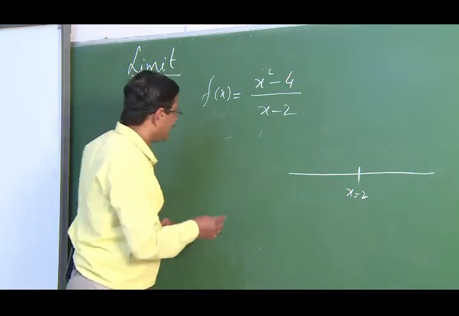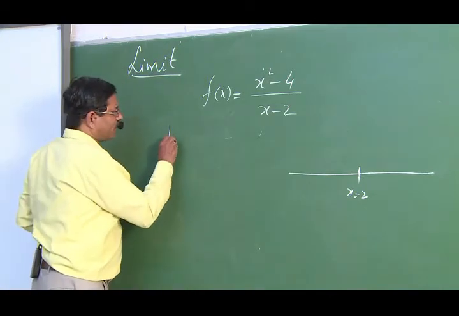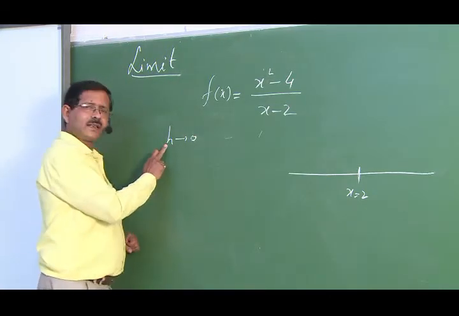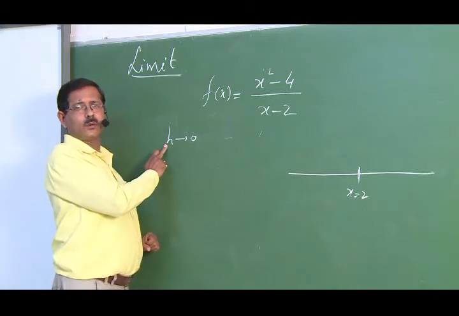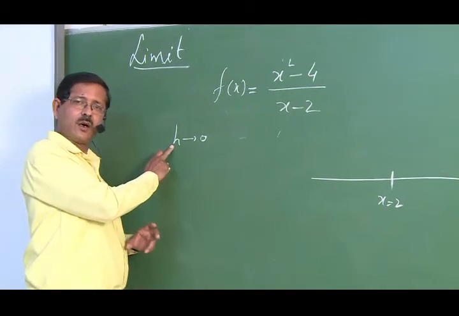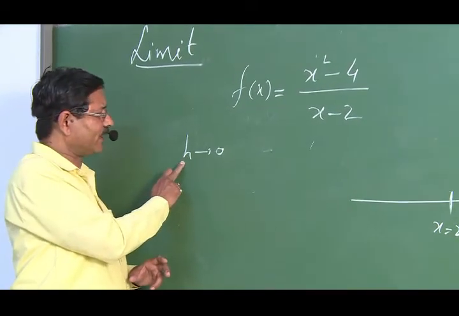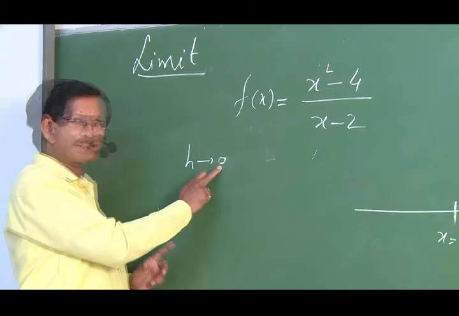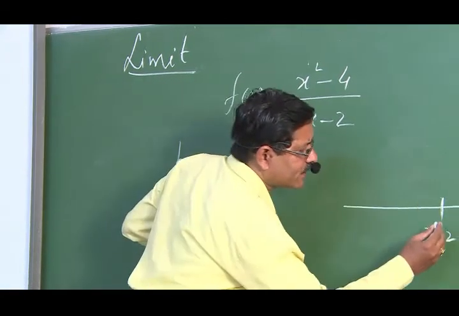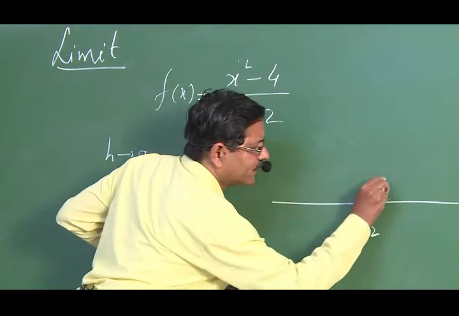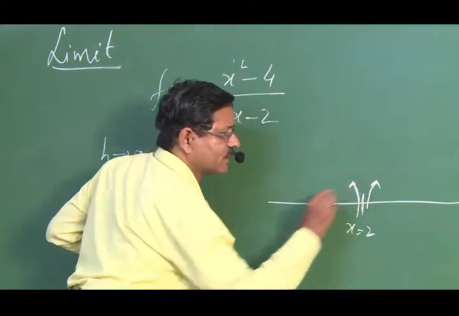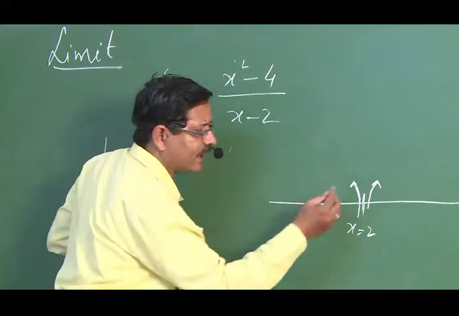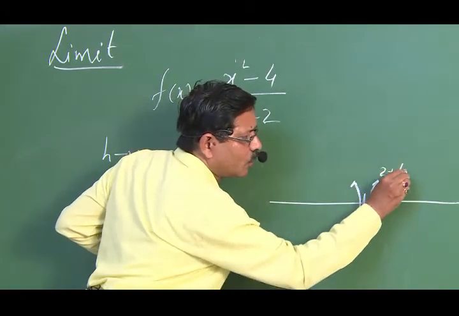So now take any positive number h tending to 0. h is approximately equal to 0, as small as it can be. So when h tends to 0, you will get 2 points here in the neighborhood of x is equal to 2. Now on the right hand side, you will get the number 2 plus h.